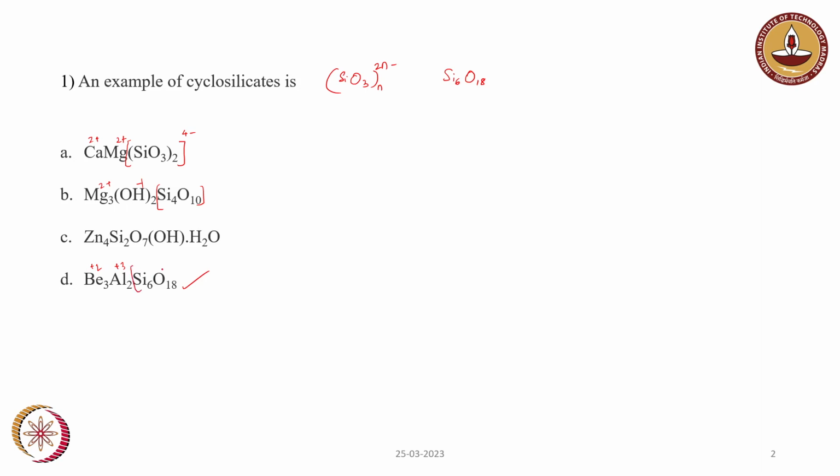So we have to calculate the negative charge for this one. It in total will be +6, and this also will be +6 because 2 aluminum is there. So 2 into 3 plus is +6, and 3 into +2 is +6. So the total charge for this should be 6 minus plus 6 minus, that will be 12 minus.